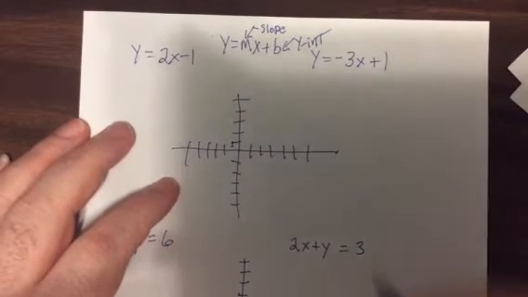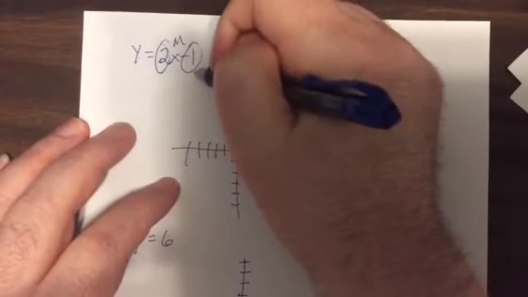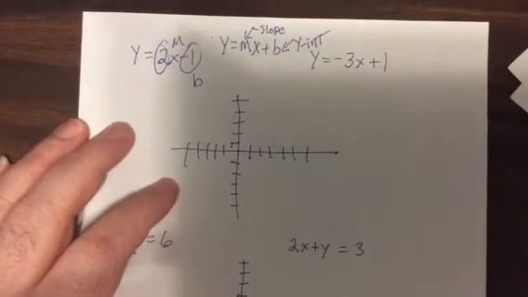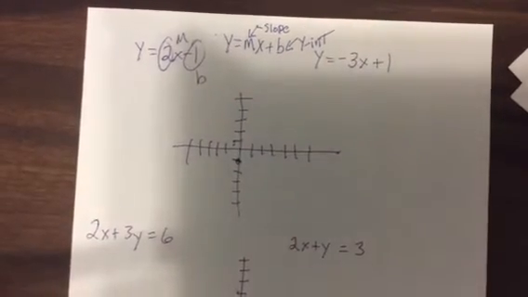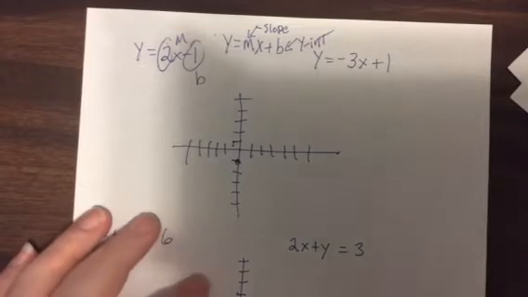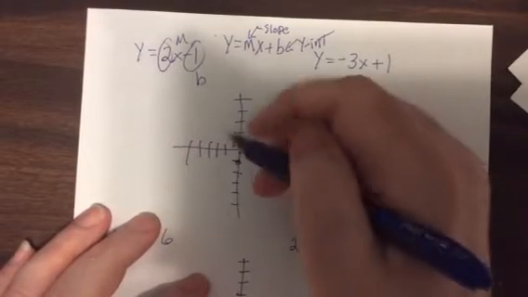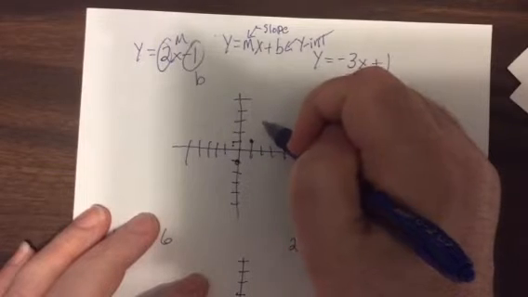So in this case, your slope is 2, and your y-intercept, which they call b, is -1. So you'd put a dot at -1. Then use the slope, 2 or 2 over 1, so it'd be up 2, right 1.